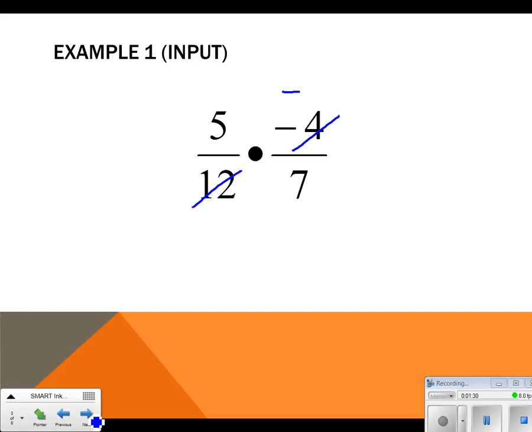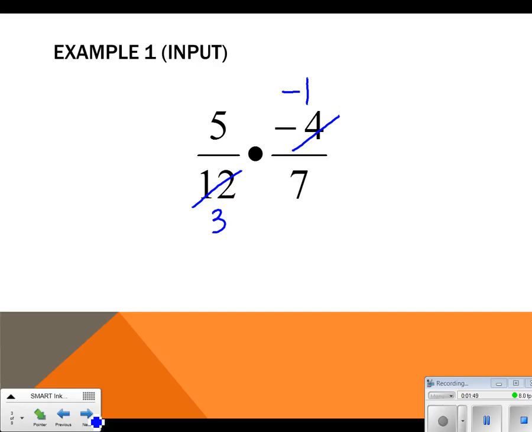Negative 4 divided by 4 is negative 1, and 12 divided by 4 gives me 3. And you want to do this before you multiply because it makes the number smaller, which then in the end makes the multiplication easier for you. 5 and 7 don't have a common factor other than 1.